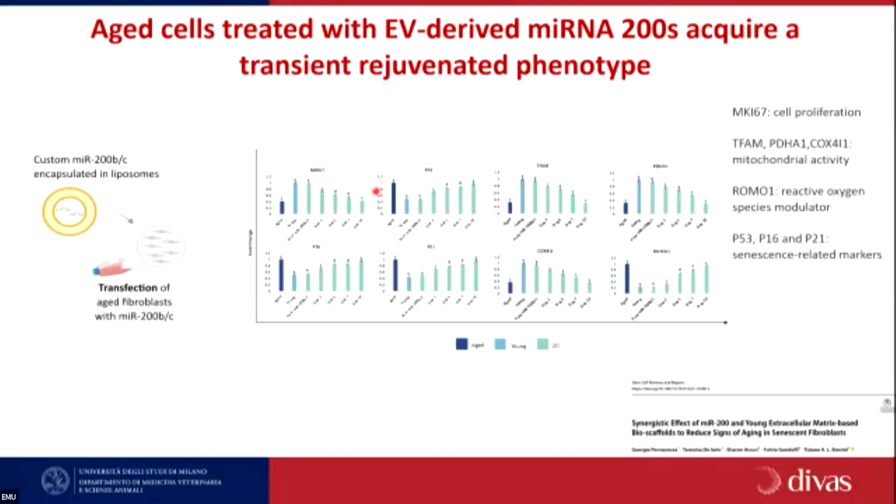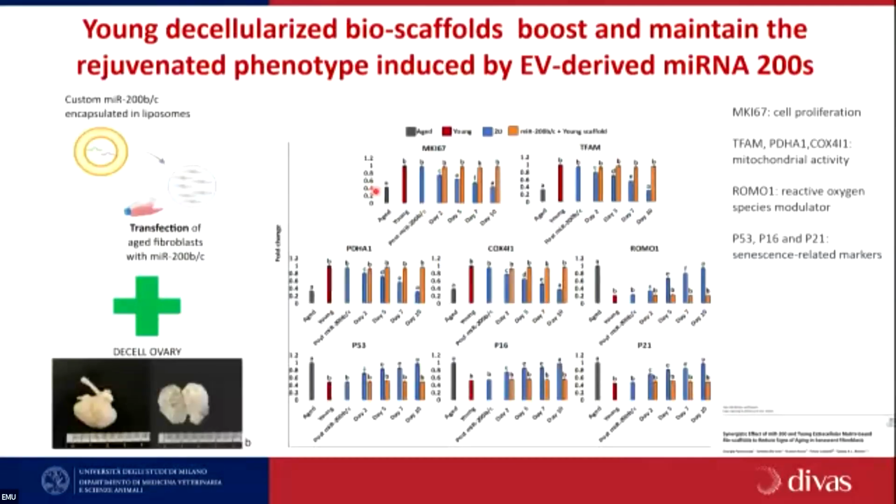Here again, similarly to what I showed you with the ECM, when we use a young ovarian scaffold, we can extend and stabilize the effect. So once again, we can see that using the correct scaffold, the correct stiffness and the correct environment, we are somehow instructing cells to keep the acquired phenotype.